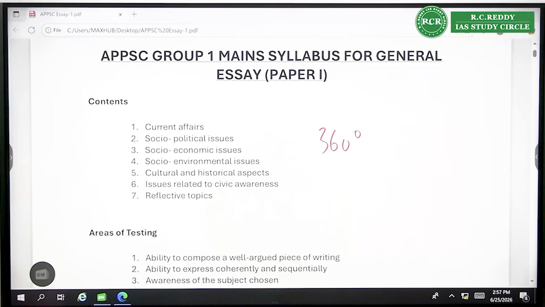The examiner wants to know whether you understand the topic from multiple dimensions, not just one. Full stop.